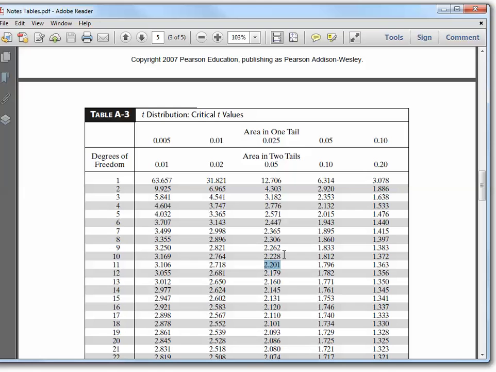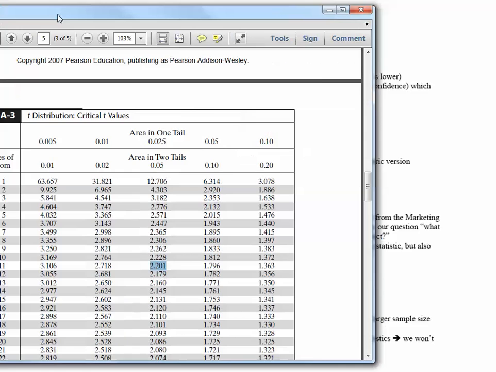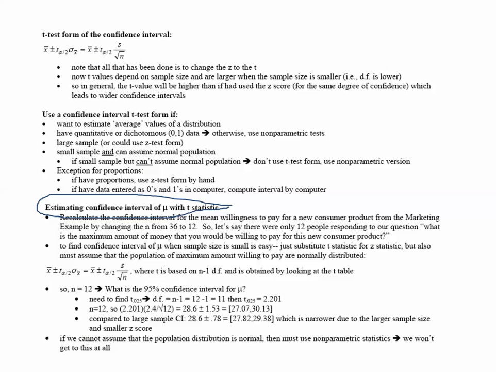Now in the previous example, we used 1.96 as our z-score. Now we're going to increase that because the t-distribution has slightly fatter tails, so we have to go further from the mean. Well, what does that mean? It means that our confidence interval is just slightly wider.